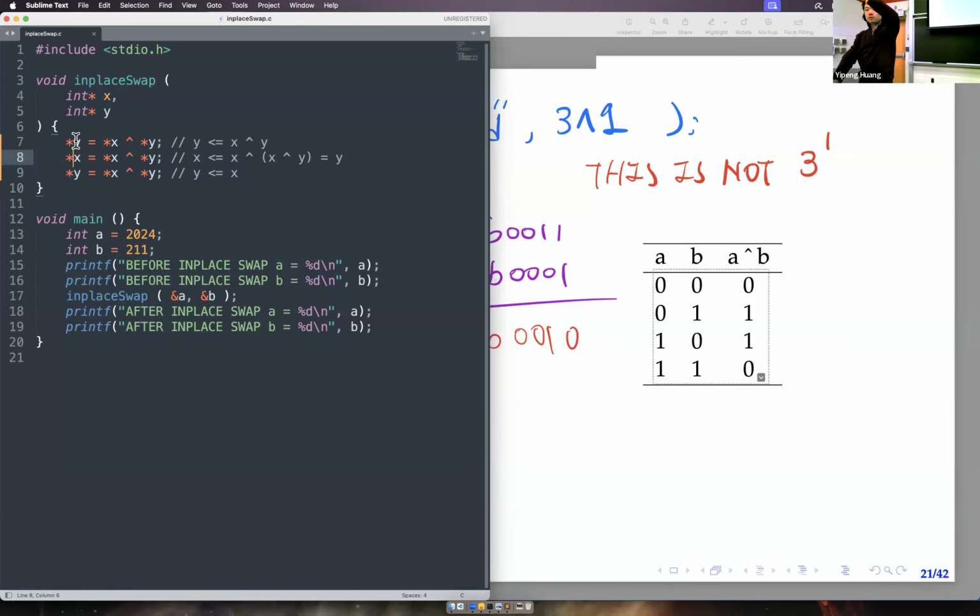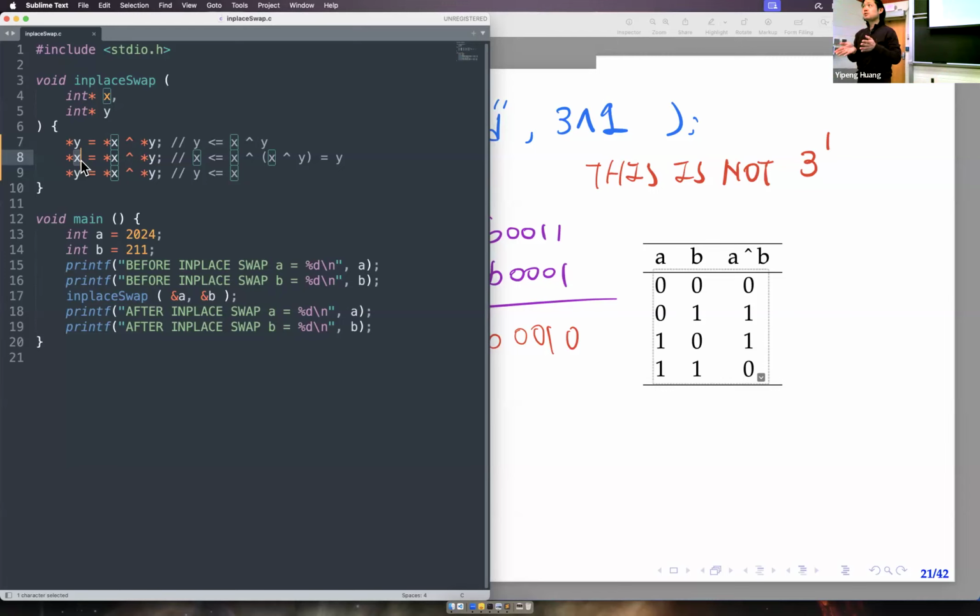But in terms of where y and x are stored, they are always stored back in the main, right? They belong to the main function's call frame, so even though in-place swap is playing around with the variables, the data is being reflected in the main. So when in-place swap runs through, it returns void, the whole stack frame gets popped off. In the main function, A and B are successfully swapped.